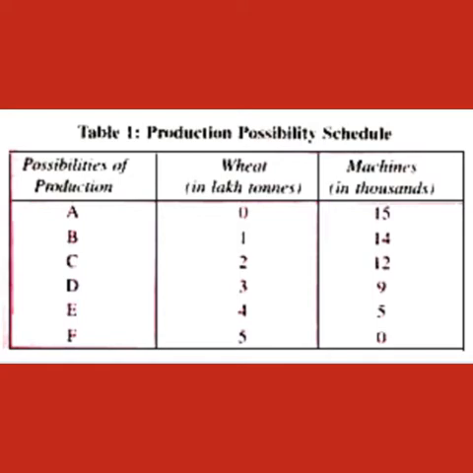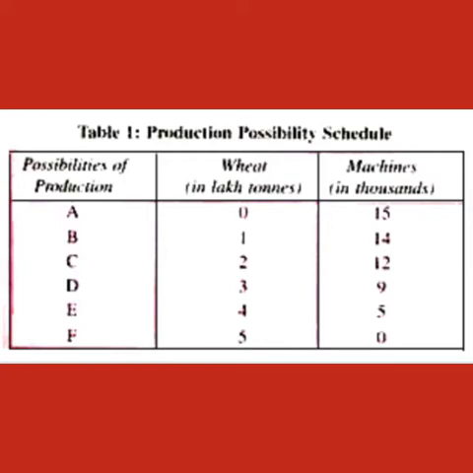So in this schedule we can see that with the given resources we can produce two goods, the wheat is 0 and the machines is 15, in thousands of units.